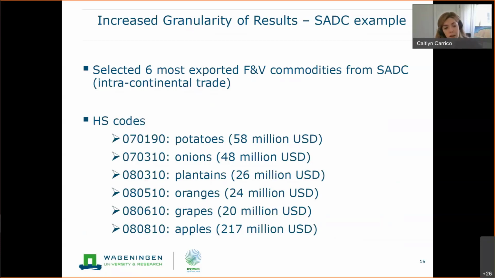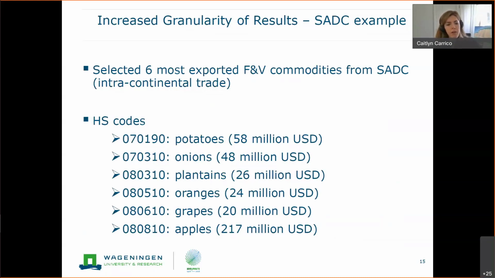And this will really also demonstrate the realism that we now have in the model with the HS module. So what I've done here is selected the 6 most exported fruit and vegetable commodities, at the HS6 level, exported from the SADC to the other countries within the continent. So it's just intracontinental trade.